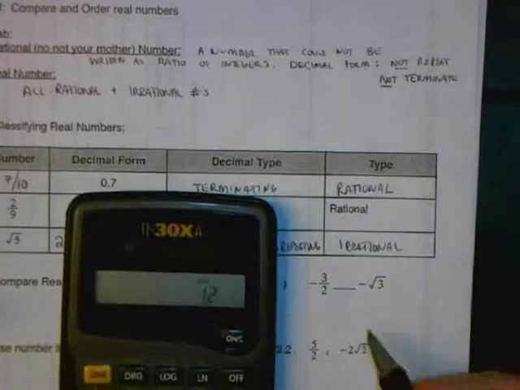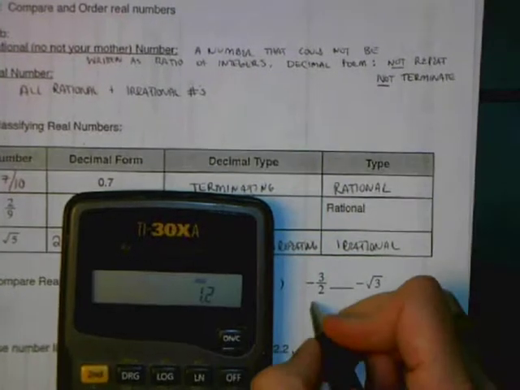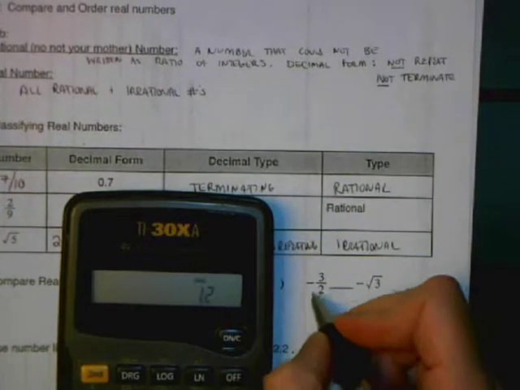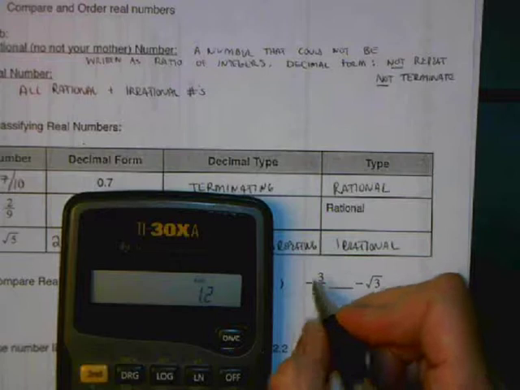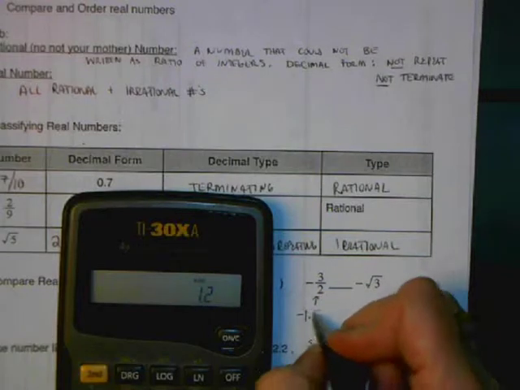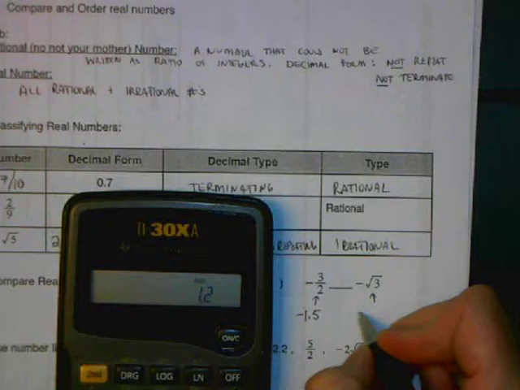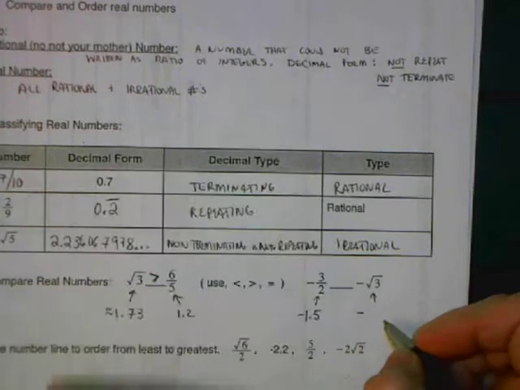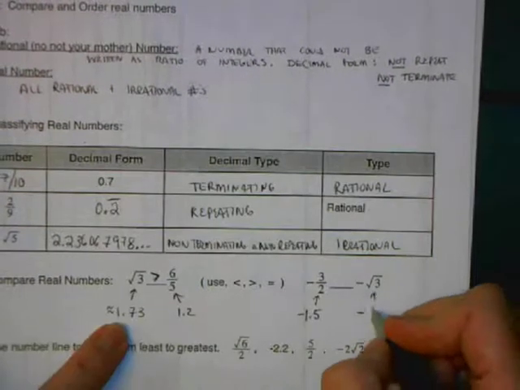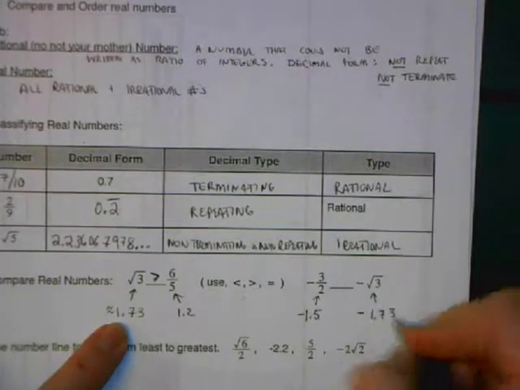What about over here? -3/2, I can turn that into its decimal form in my head. 3/2 is the same as 1.5, so -1.5. And this negative sign here means the opposite of the square root of 3. Well, I already found that the square root of 3 here is about 1.73.